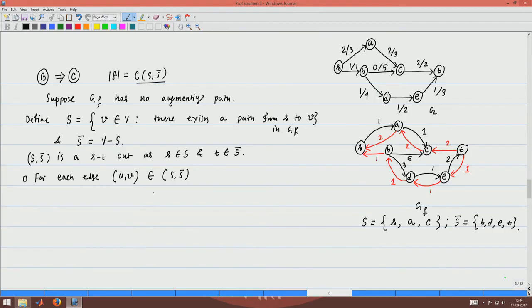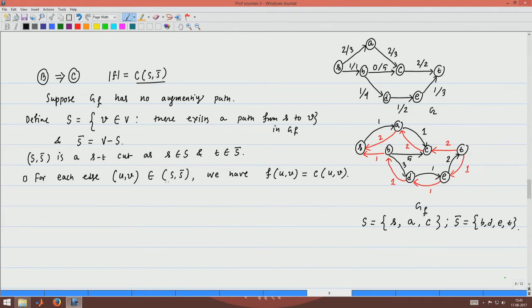For each such edge, what is true is that the flow along this edge u v is equal to the capacity of this edge u v. This is what we are claiming. Now, let us see whether this is true for this example.